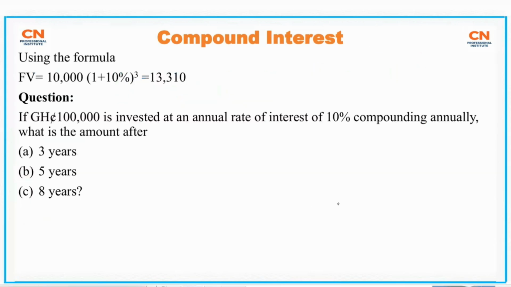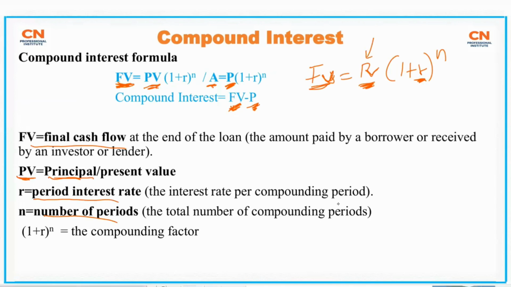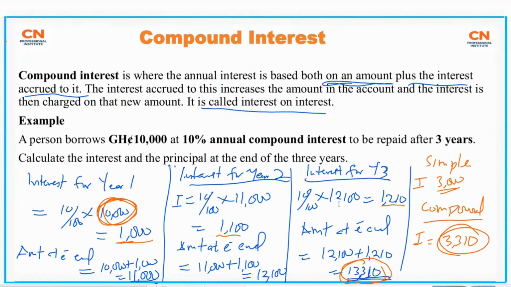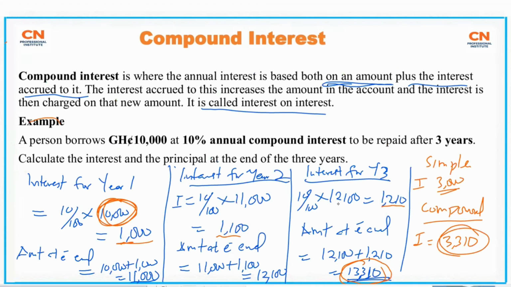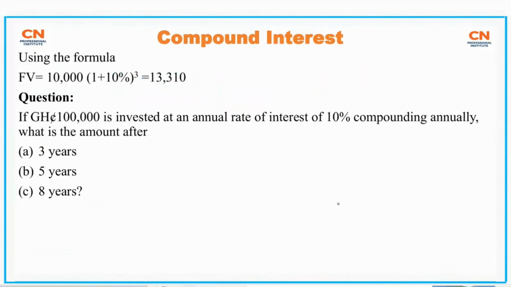Looking at the question that we just solved, we can use the formula to compute it, and that's what we have up here. The formula says the future value is equal to the principal, or the present value, times 1 plus r raised to the power n.